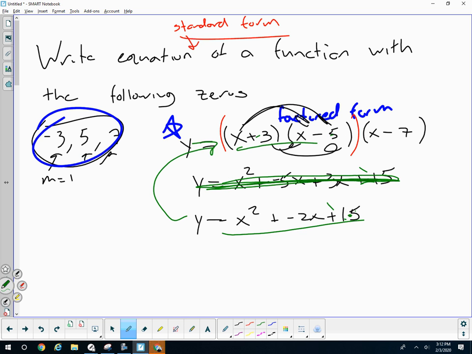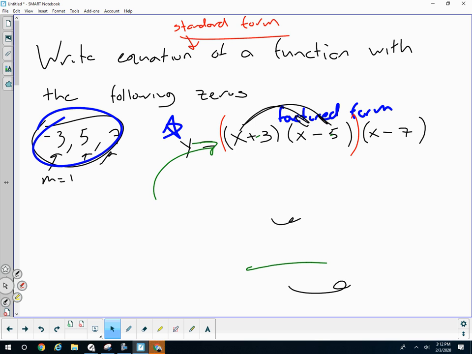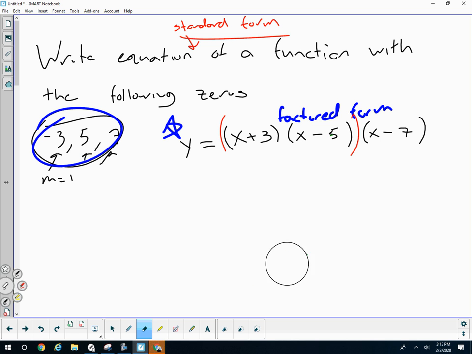-5 plus 3, -2x. If you know how to factor, don't waste any time distributing. I know if that's the factored form, all I need to do is take this x multiplied by the x.